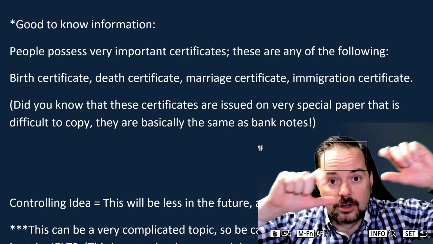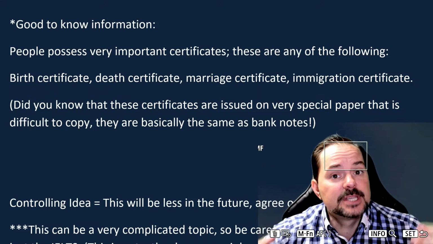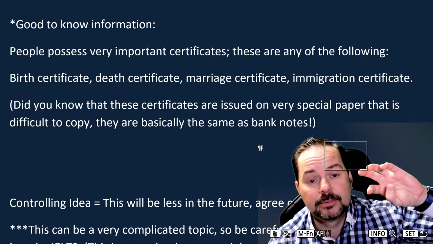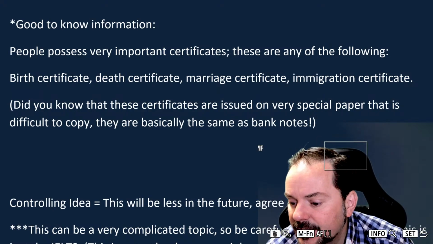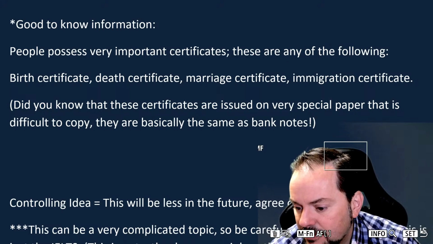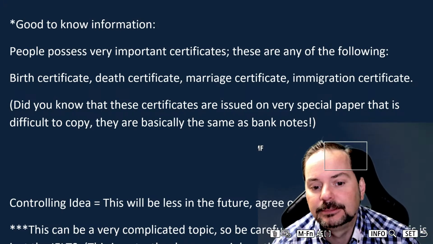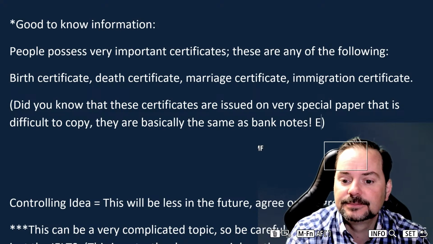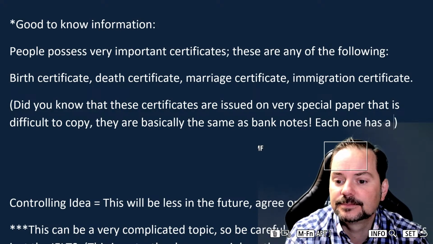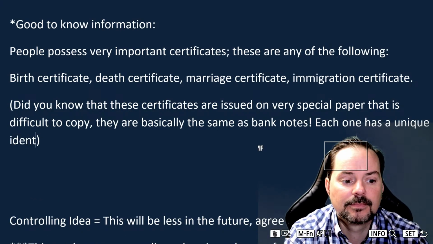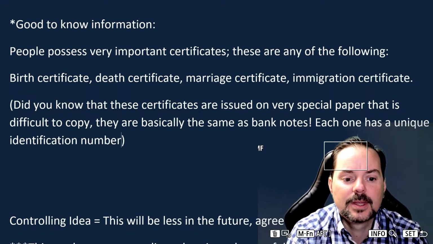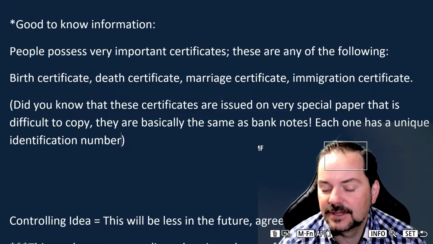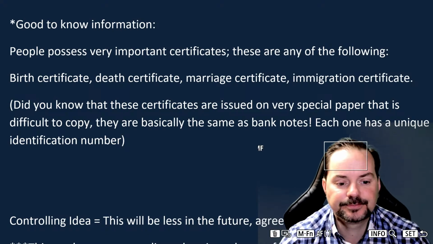There's a hologram. It's see-through. Same with wedding certificates. Yes, Ghazi says it's a special paper. It's not just average paper. And there's a serial number on all of these. Each one of these has a unique identification number.